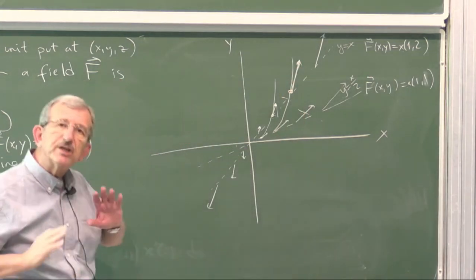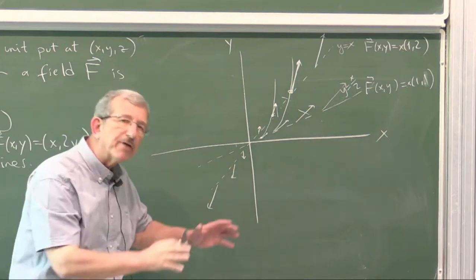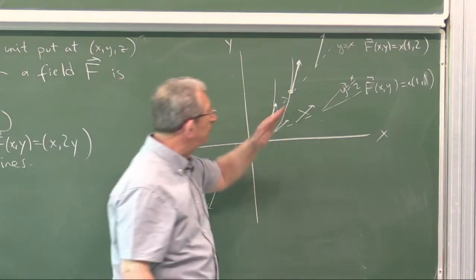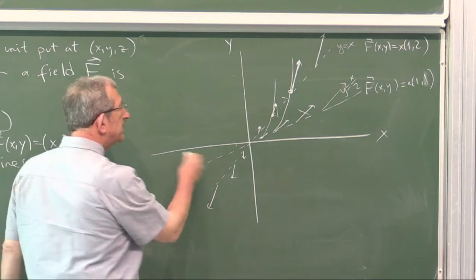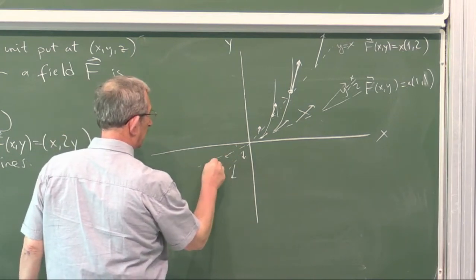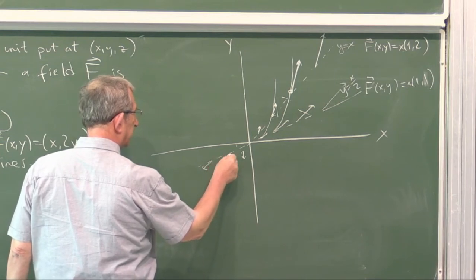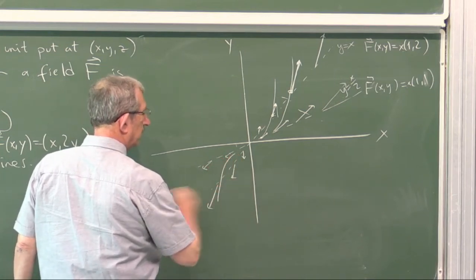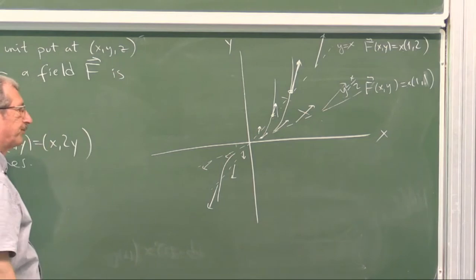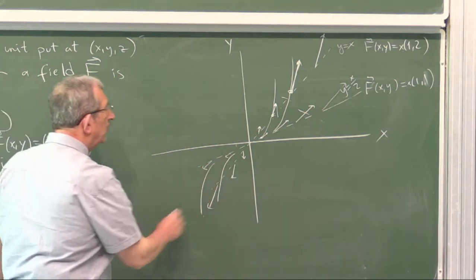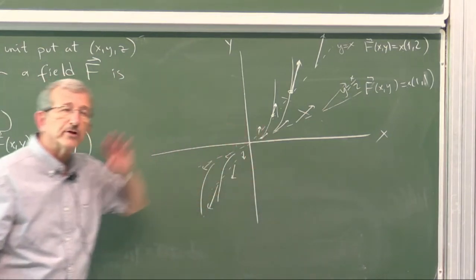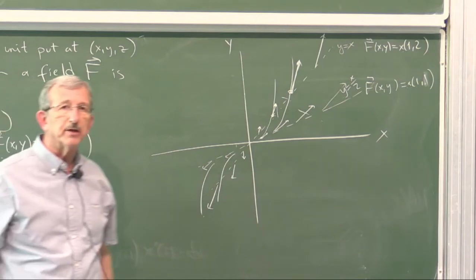Because F pushes it in that direction, and so these will be tangent directions. Similarly here you will have the opposites, so they will move somewhat like this, and so on. You can continue with the other quadrants just to understand what's happening.